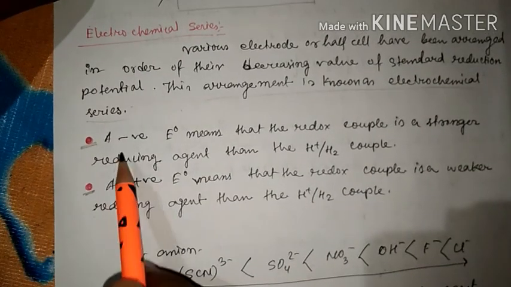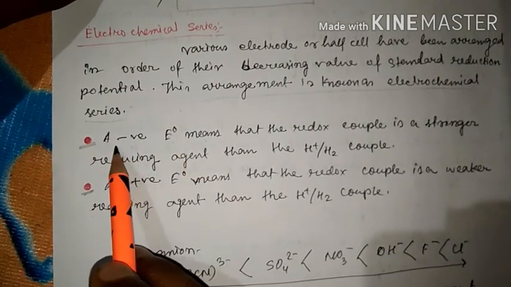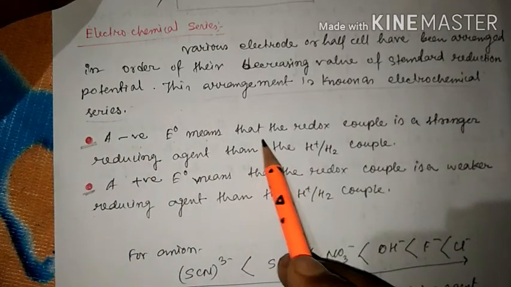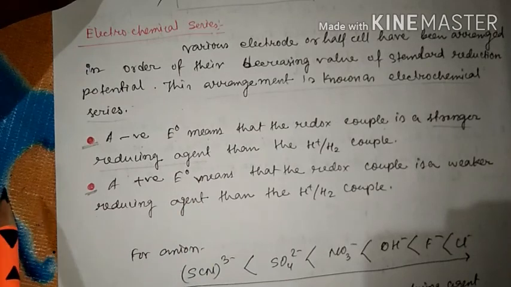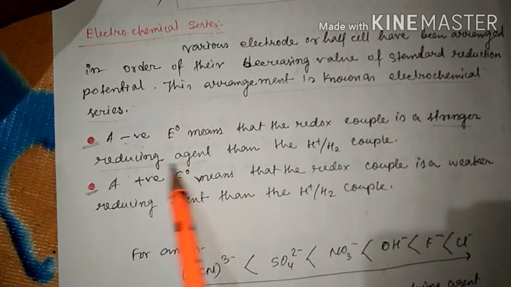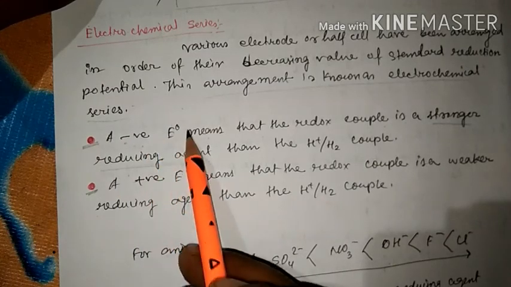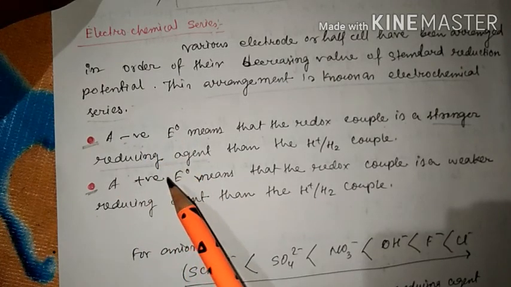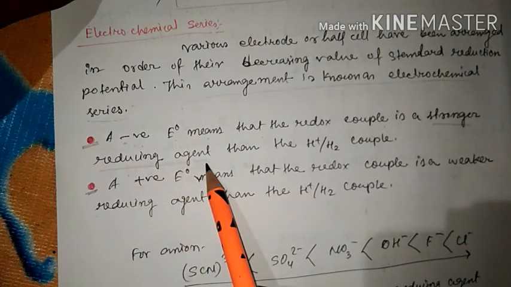First point, a negative E naught, that means if the electrode potential is negative, then the redox couple is a stronger reducing agent. Remember, if it is negative, then it is the stronger reducing agent. In other words, the more negative the value of E naught, the stronger the reducing agent.